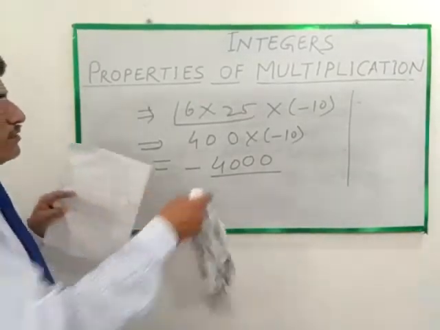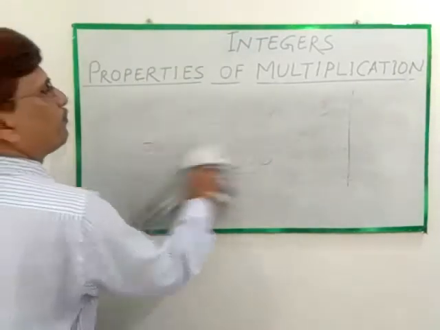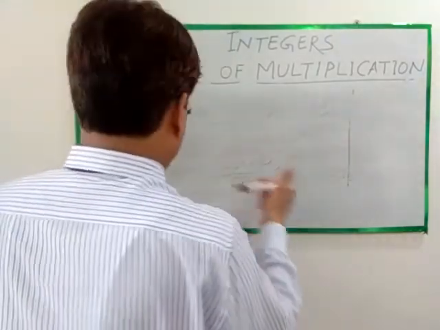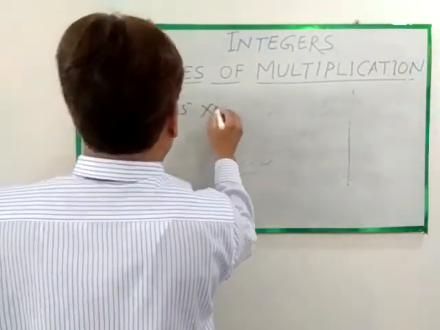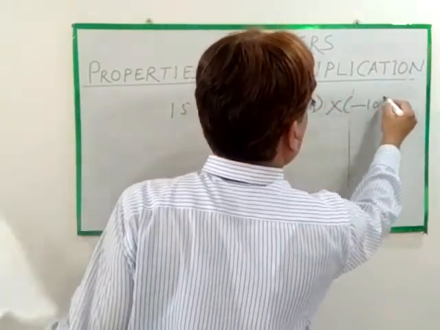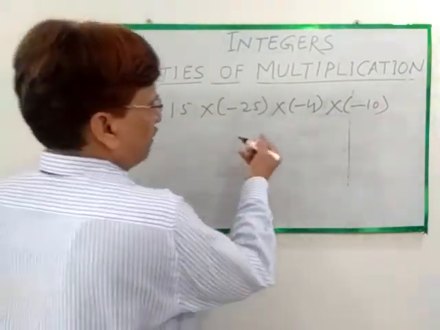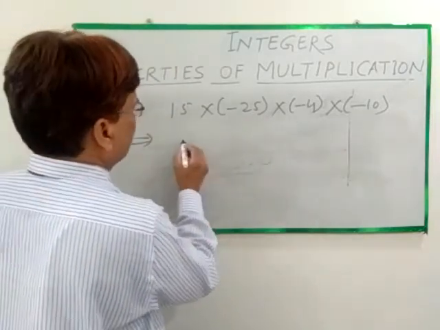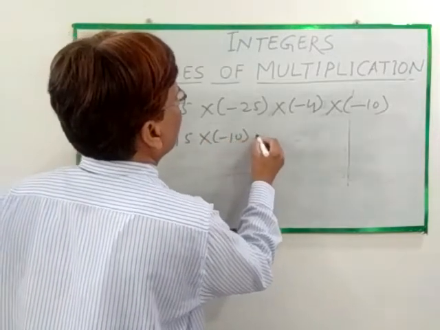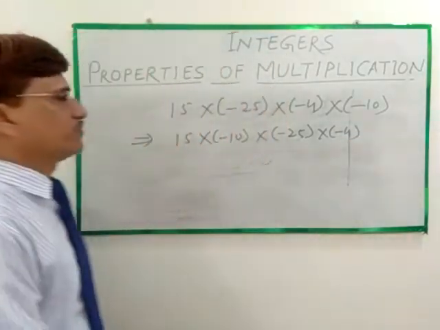We take one more example. 15 into -25 into -4 into -10. If we change the order, 15 into -10 and -25 into -4.